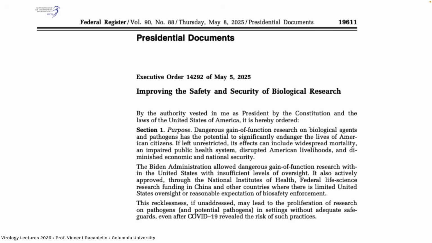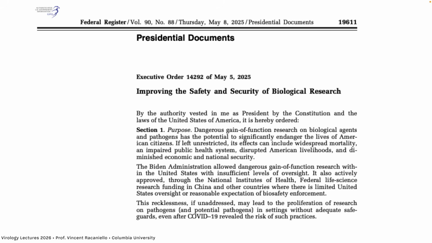Look at this. "The Biden administration allowed dangerous gain of function research within the US with insufficient levels of oversight." This is a lie, because I know what was going on, and it wasn't dangerous, and there was plenty of oversight. I'm on a committee that oversees this kind of research. And you see here, "through funding in China and other countries where there's limited US oversight.